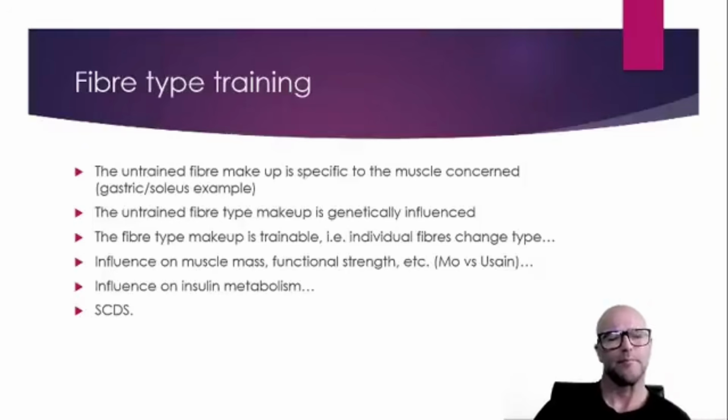And I guess it's important also to understand that in the untrained state, the fiber makeup within each individual specific muscle in your body depends on the location, the role, the size of that muscle. So examples are the soleus and the gastrocnemius muscle.